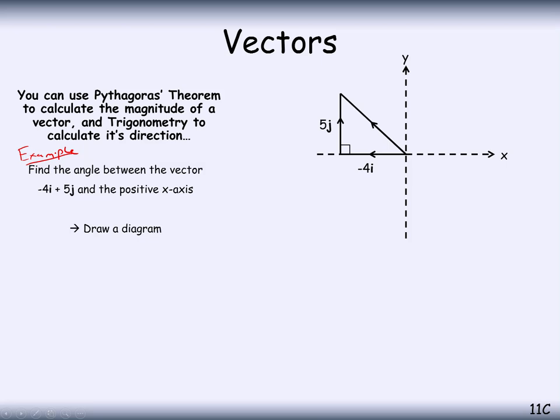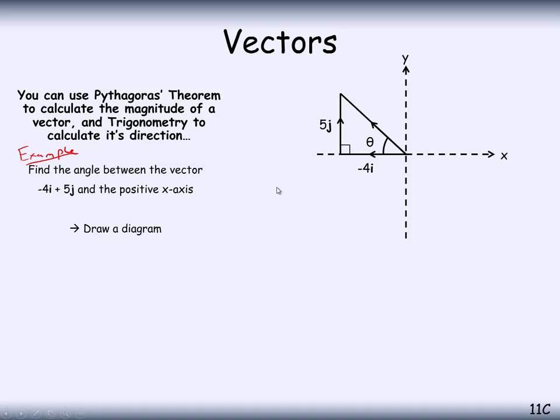So we want to find the direction, the angle between the vector and the x-axis. So that angle there, from there all the way to there. But because I know this is 5 and this is 4, I can use this angle here to work out this angle and then take it away from 180 to work out the whole thing. So call that theta.